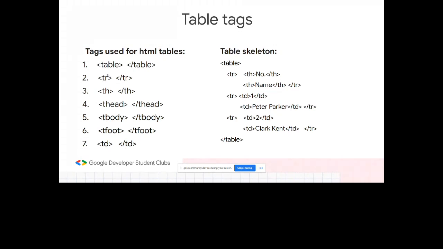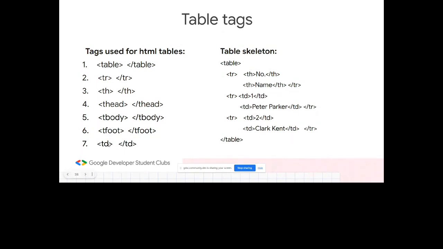And here TR is used to indicate a row, and TH is for table head. You might see some of the headings in the columns appear bold. That can be done using the TH tag. And I'll tell you about T head, T body, and T foot while I'm implementing the code.